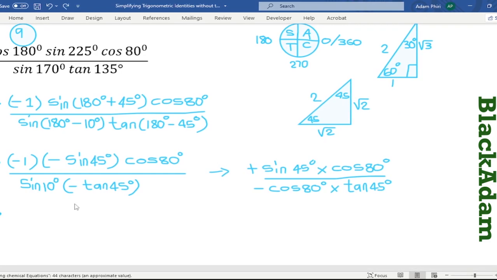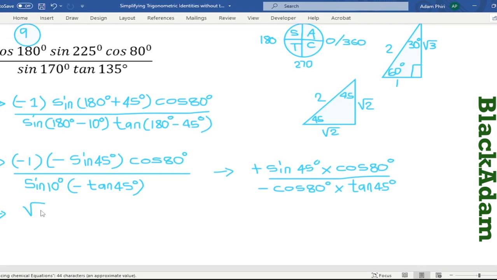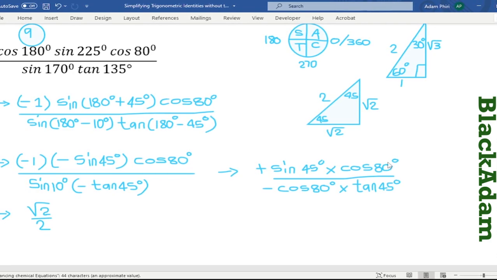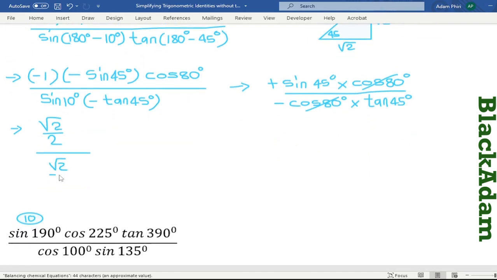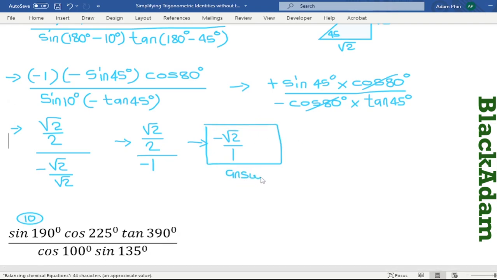Then cos 80 degrees cancels cos 80 degrees, and tan 45 degrees is 1, and sine 45 degrees is root 2 over 2, so we have root 2 over 2 divided by root 2 over 2 over 1, so that will give us negative root 2 over 1, and our answer is negative root 2.